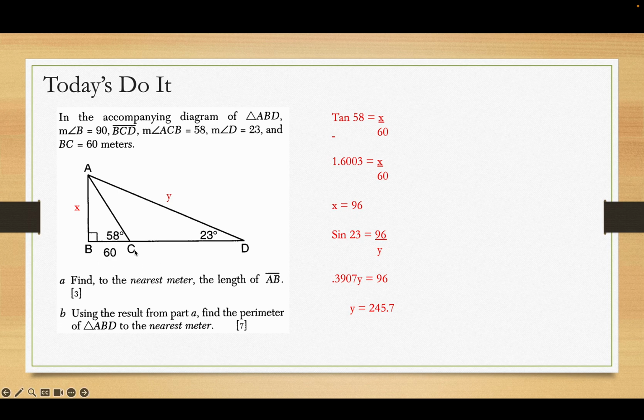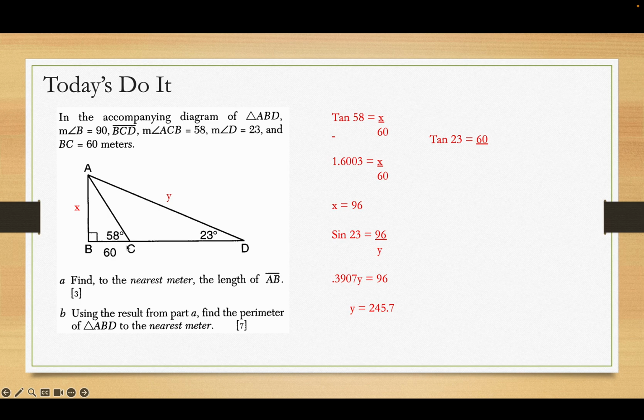Okay, now I need to find the missing side, BD. And I can do the Pythagorean theorem, right? I could do 96 squared plus BD squared equals 245.7 squared. Or I can do trigonometry. And I'm going to do trig. The opposite is 96 to the 23.